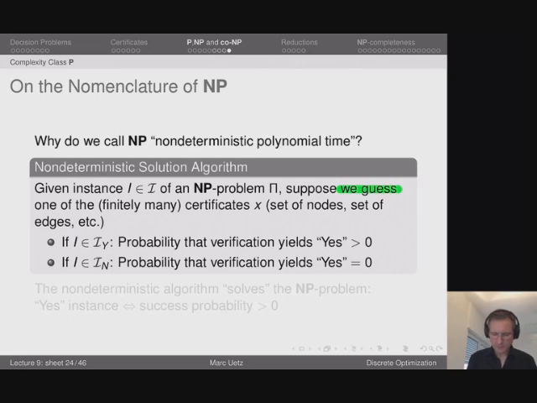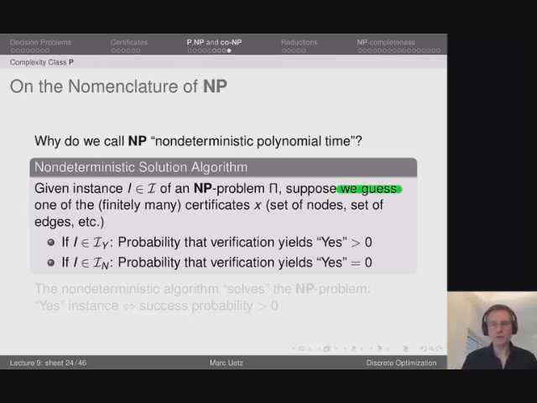And that means if we guess a certificate, we have a non-zero success probability. Whereas talking about a no instance, the verification will always return no, or at least it will never return yes. So the success probability of the verification of the certificate is then equal to 0. So we can separate yes and no instances by success probabilities strictly larger than 0 and success probabilities equal to 0.